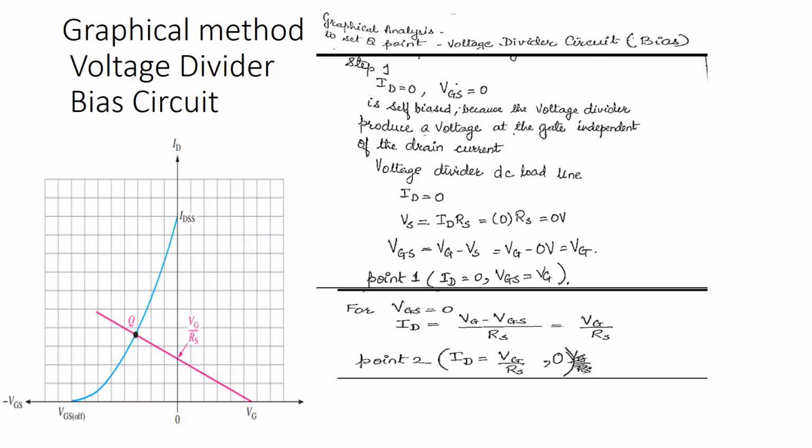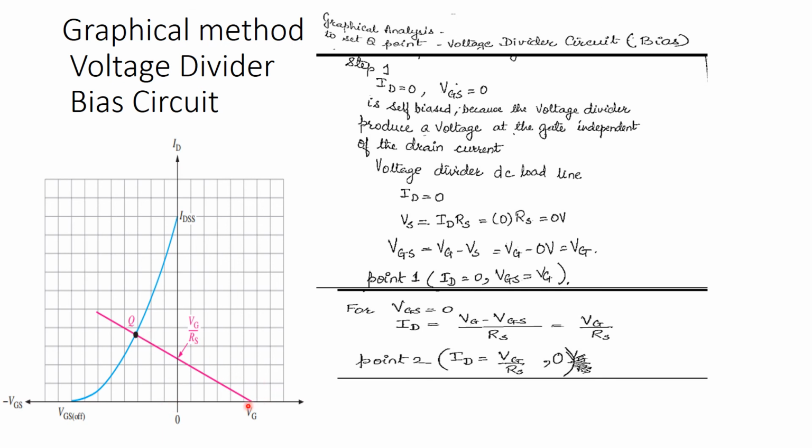Now the graphical method. Here we follow the same way. In our given problem, the transfer characteristic is given, and we have to find out the Q point by using a graphical method. So step 1, again go the same way. When ID is equal to 0 and VGS is equal to 0, that is the first point we get here.